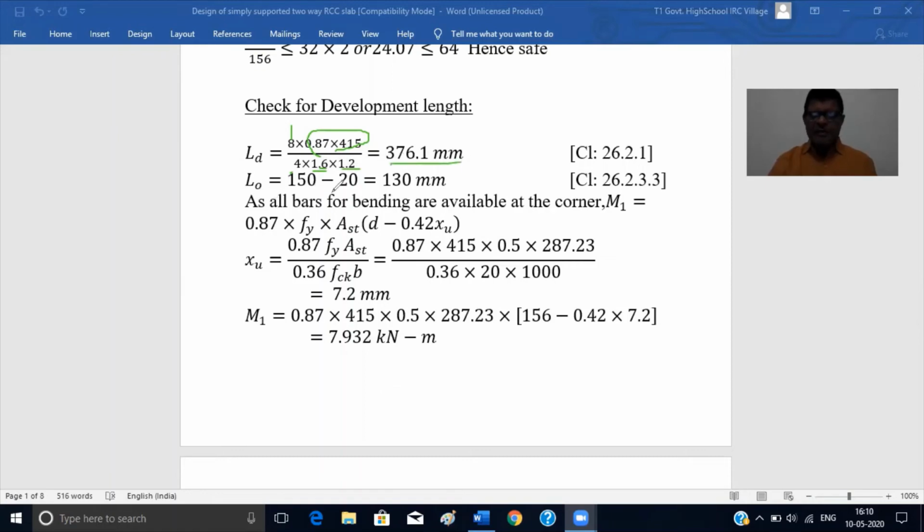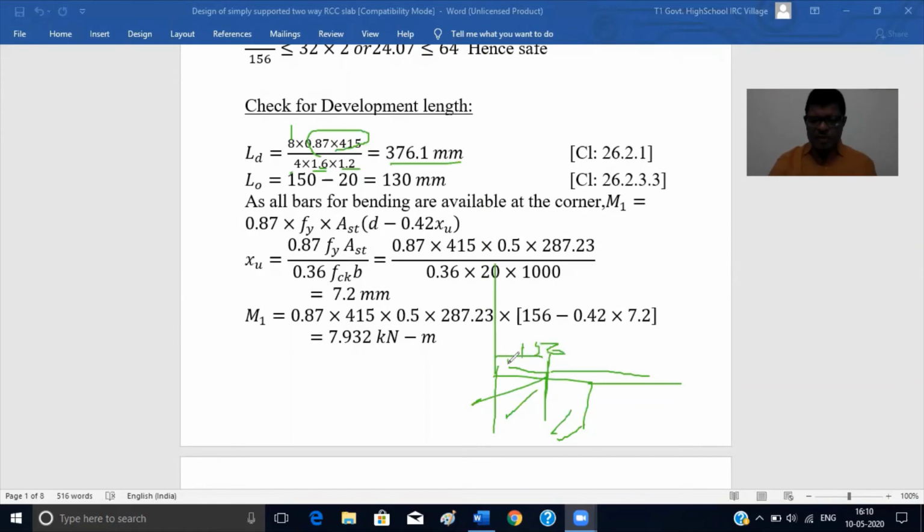Now Lo is again 150 minus 20. 150 means, as we explained earlier, if this is your support and this is the center, the bar is coming up to this. Then what is the length available beyond this? That is Lo. So this is equal to half of the width, which is 150. So 150 minus cover.